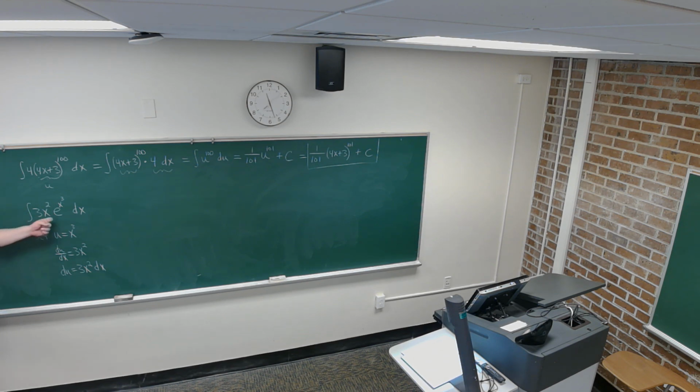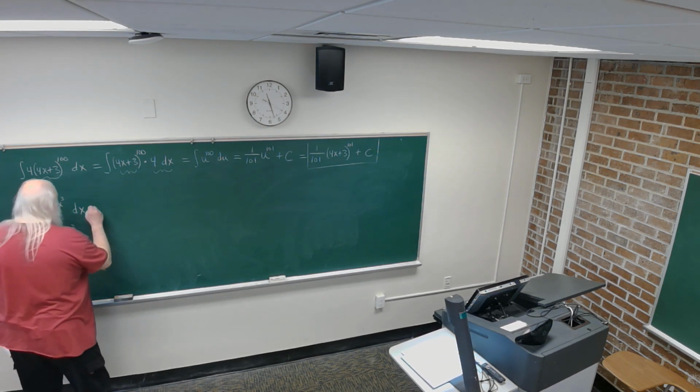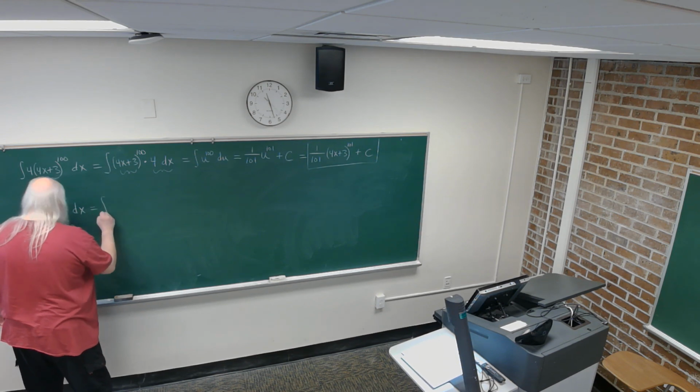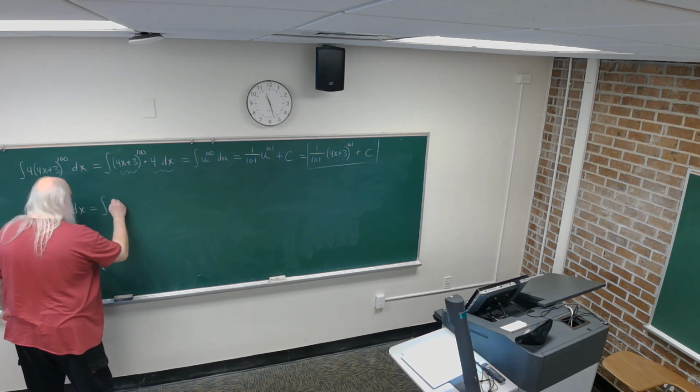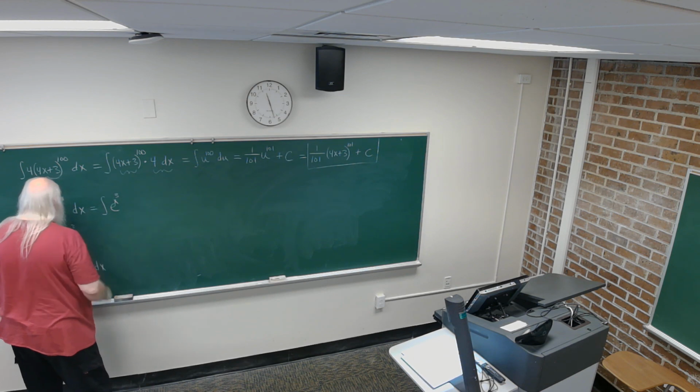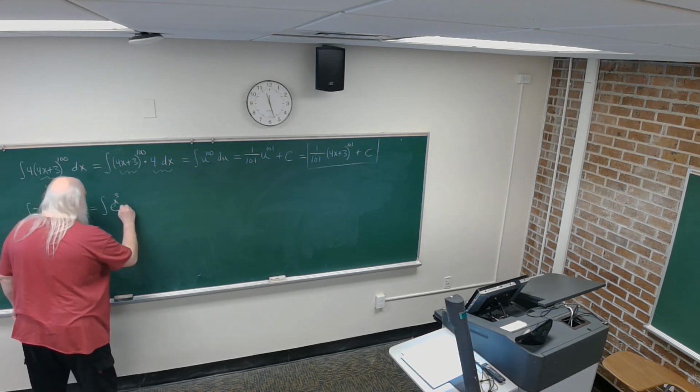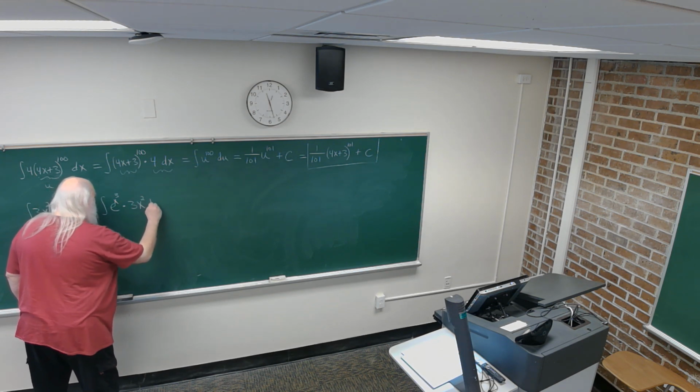Now this middle step where I switch the order of multiplication, you don't have to do it. When you do this a lot, you know that 3x squared dx is du. But I will switch the order of multiplication just so I don't confuse anyone. So we have e to the x cubed times 3x squared dx.